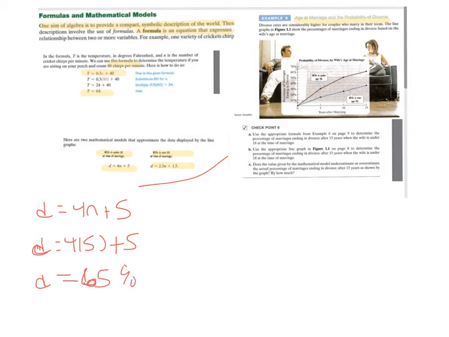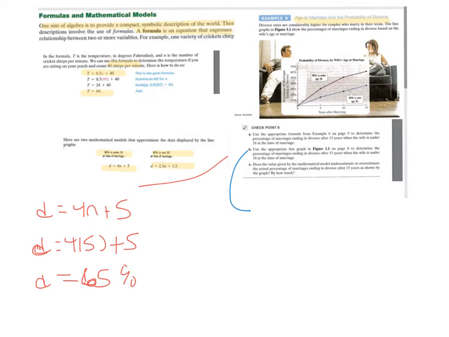Now you can look at the graph to get that same answer, or use the formula that's created from the graph. Let's look at B. B says, use the appropriate line graph in 1-1, page 8, to determine the percentage of marriages ending in divorce after 15 years when the wife is under 18 at the time of marriage.